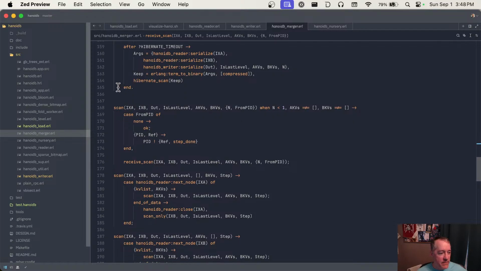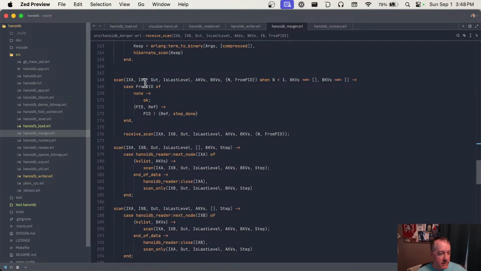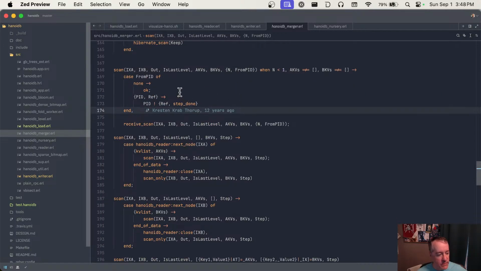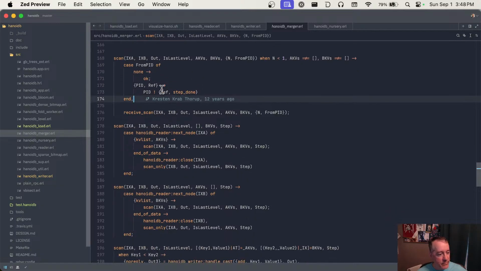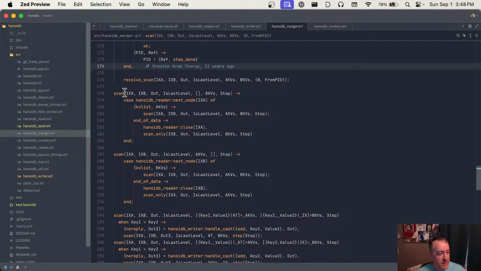Okay, so if we have scan, okay, then n is okay. So if there's no key value pairs from either, then we just say done. So this is sort of probably a tail recursive loop. Yeah. Okay, so then it's like read from A. Okay. And if you get the end of data, and you close it, and you scan B only.